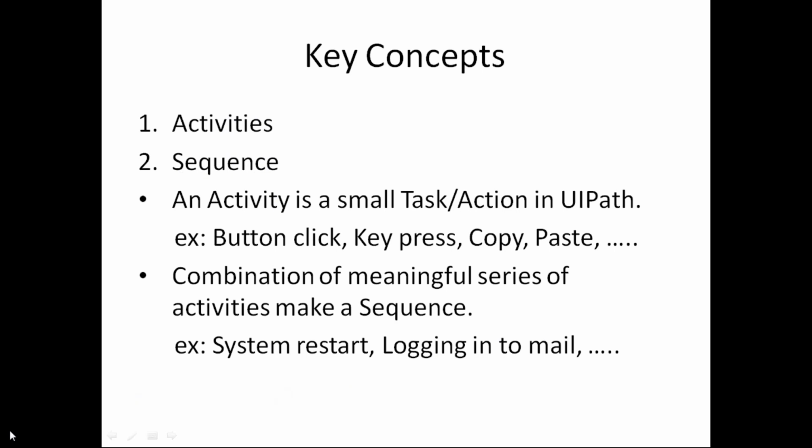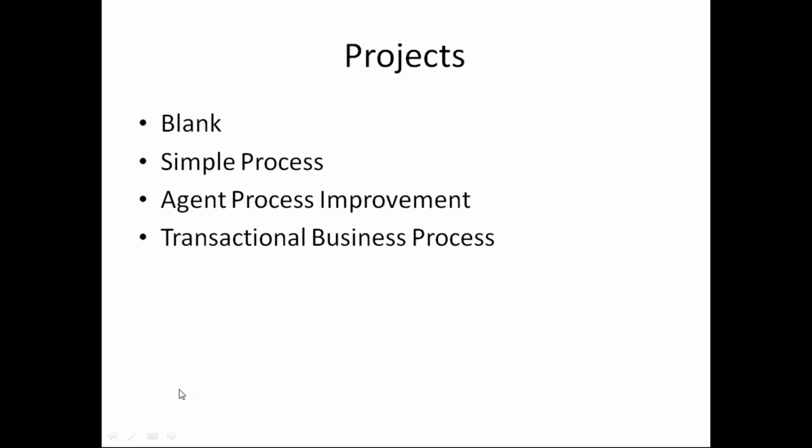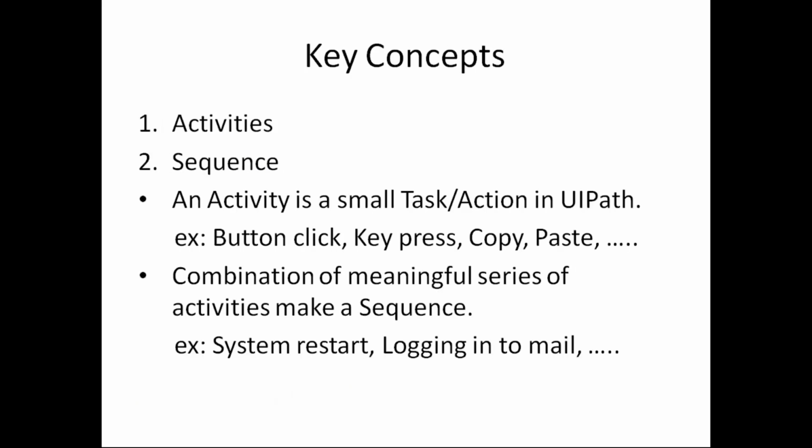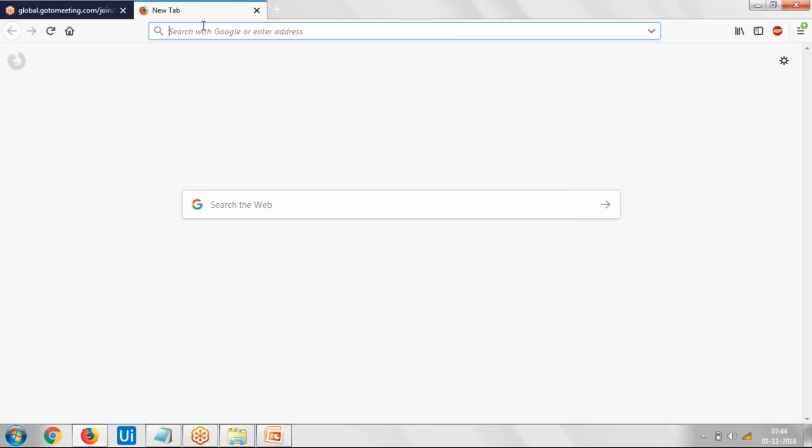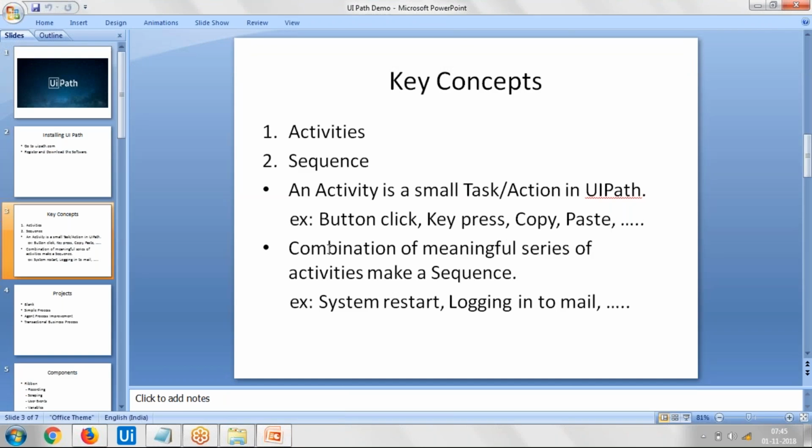Logging into email: what are the things we have to do in order to log into the email? Same thing, we have to go to the browser and give some URL, and Gmail will open. After that we have to give the username. So there are some 5 to 6 activities we have to do, right? All these make one sequence.